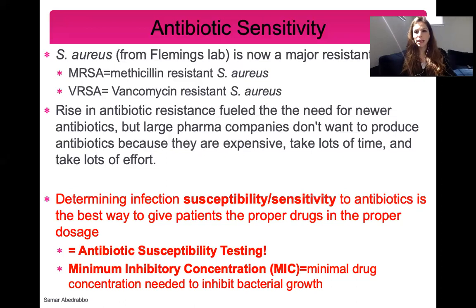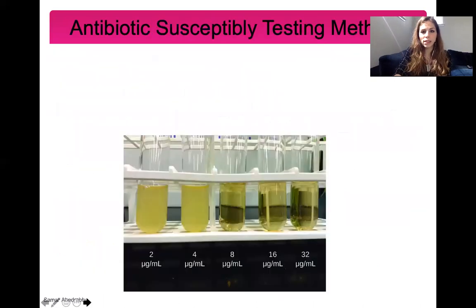But if 10 micrograms works, you'd rather give them the least amount, the minimum amount. So we always try to determine the minimum inhibitory concentration because in the end, antibiotics are chemicals. We don't want bacteria to develop resistance, and they can have some toxic effects with humans as well.